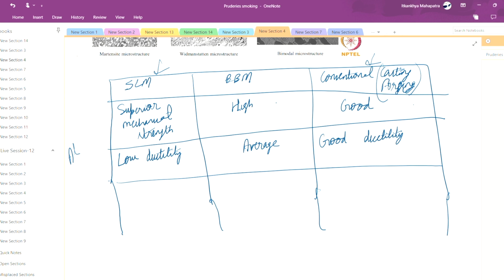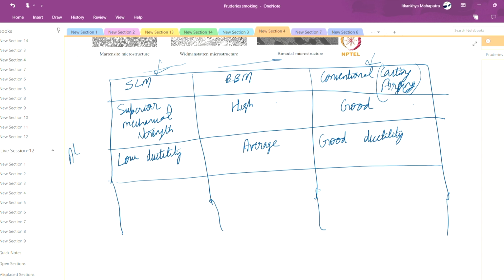But in SLM it will break at 5 or 6 percent only. The EBM process has higher ductility as compared to SLM because in EBM the whole system is packed in vacuum, and your powder bed is preheated, so the residual stress is lower as compared to the SLM process. This is the reason behind the higher ductility in EBM as compared to SLM.